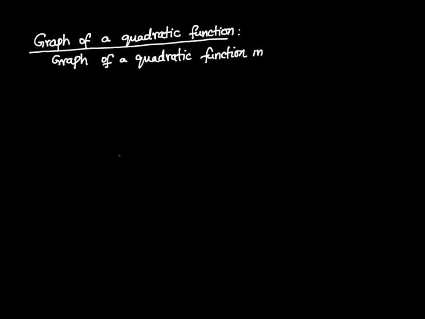We need to learn about this graph, like how will it look? What's the shape of this graph going to be? Is it going to be a line or is it going to be something else? So the first thing we learn is it's a parabola, which is a U-shaped graph.